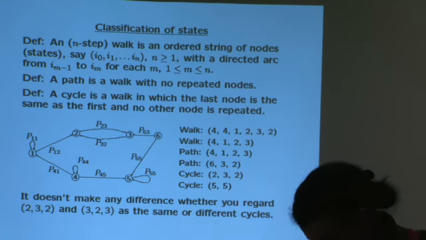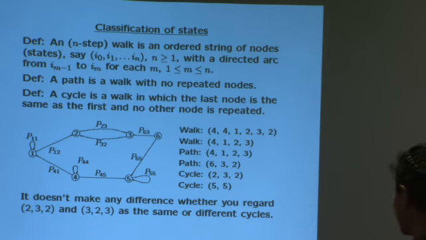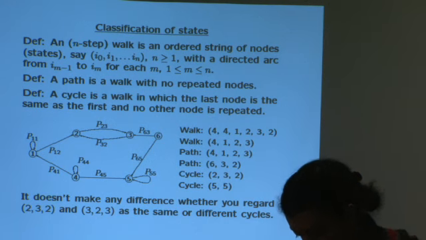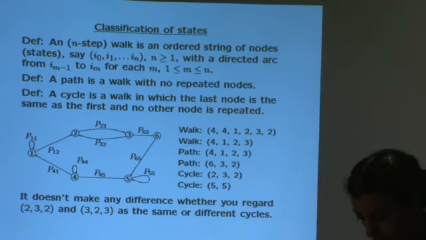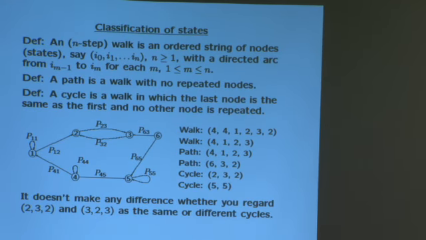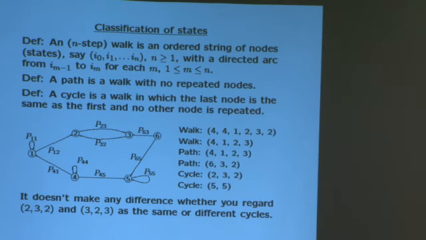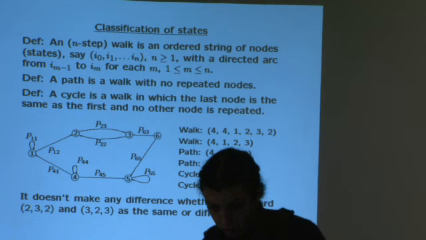Oh, okay, yeah, sorry, something was wrong. We shouldn't have any repetition except for the first and last nodes. First and last node should be the same, but there shouldn't be any other repetition. So what is the maximum number of steps in this case? Yeah, because we have an additional step.